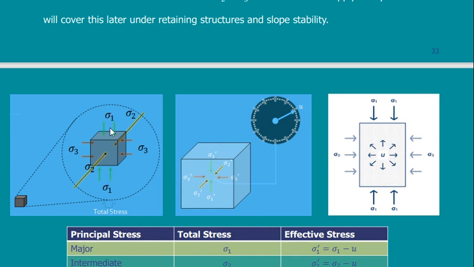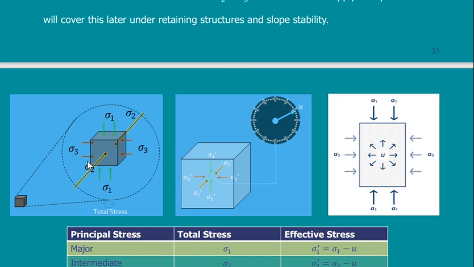So now we have sigma 1, sigma 2, and sigma 3. This is considering the stresses of the soil. But as we said before, we have soil and we have water. But what is the difference between the stresses of water and the stresses of soil? The stresses of soil can be different. I may have sigma 1, sigma 2, and sigma 3, each one with a different value.